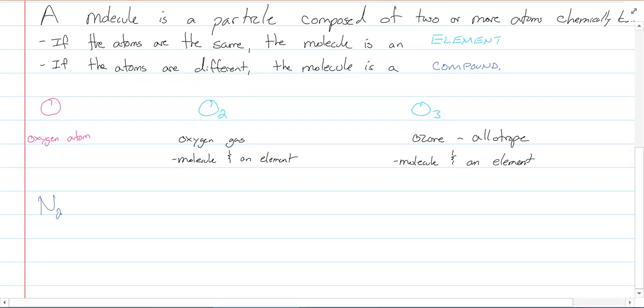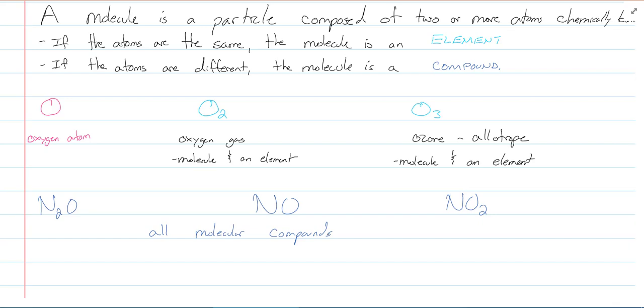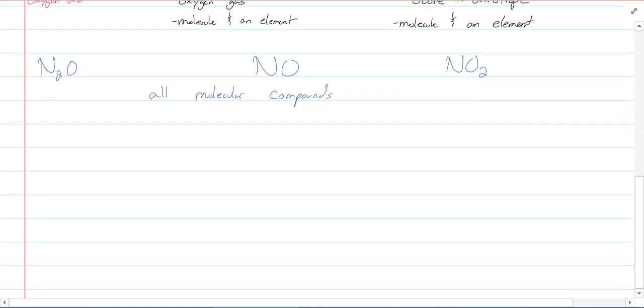Okay, versus if I have N2O, NO, and NO2, these are all molecular compounds. Those are all compounds because there's nitrogen and oxygen there. So when we talk about compounds, we're pretty much going to talk about binary compounds.